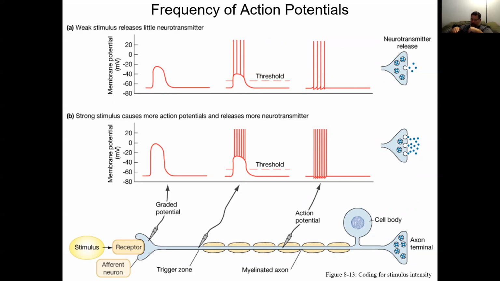They start at around negative 75 millivolts, move up to 20 millivolts, and come back down into a hyperpolarization of around negative 85. You can see that even in this graph. That's just a little bit lower than the resting membrane potential, and then it's back to another action potential. But graded potentials can be all sorts of different sizes. And where do action potentials take place? In the axon. Where do graded potentials take place? In the dendrites and in the cell body.